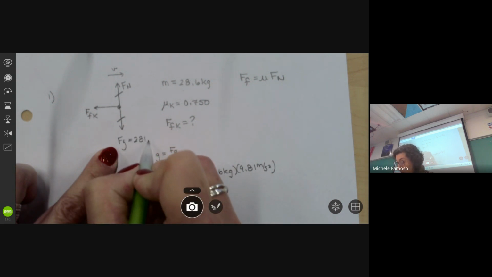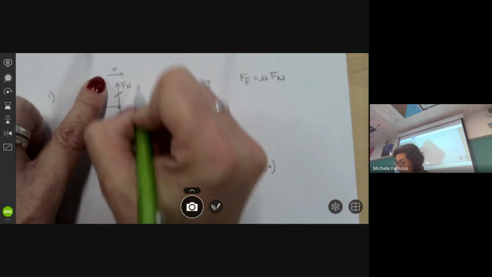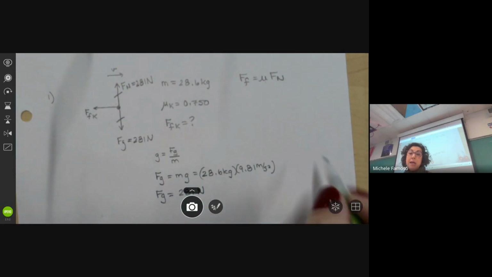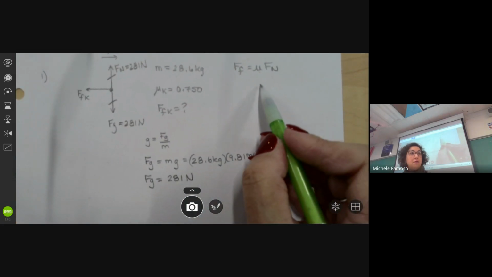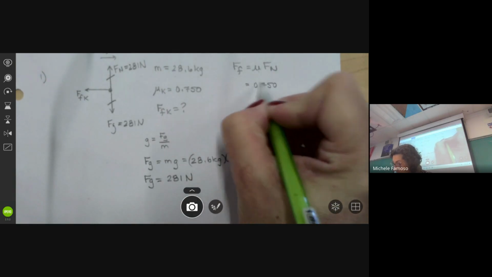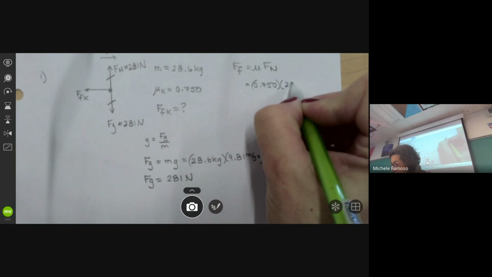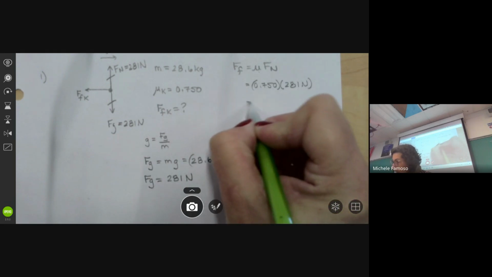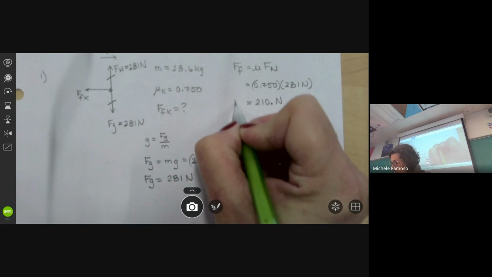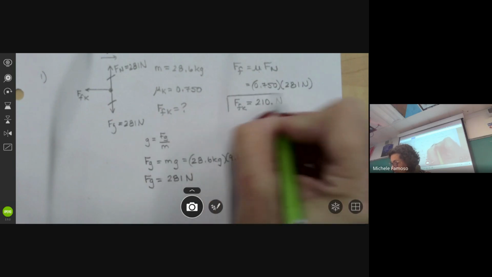So that's 281 newtons, and the normal force, which is balancing it, is 281 newtons. Now I have everything I need to solve for that friction force by plugging in 0.750 times the 281 newtons. And when I work that out, I find that that value is 210 point something newtons with the 3 significant digits.